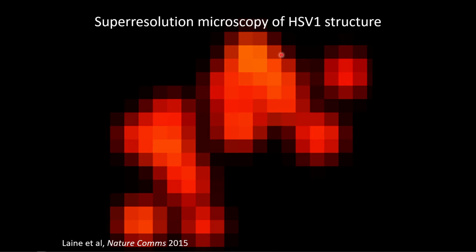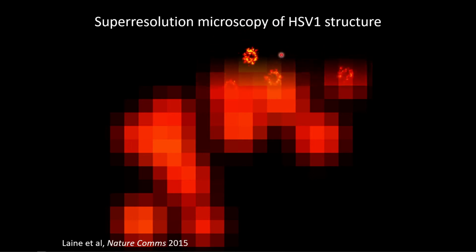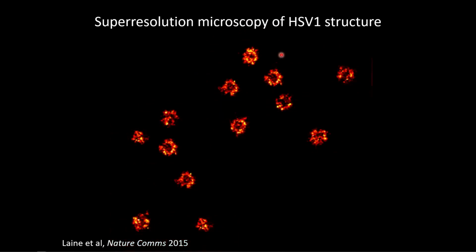This virus particle has a size of about 150 nanometers, so you can't see it on a normal microscope. But using super resolution, you turn this image into this, and this is really what you see. You see the envelope structure of the proteins, and you have this advantage compared to electron microscopy that I can label individual proteins specifically.